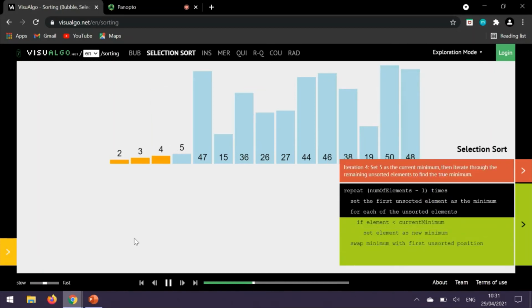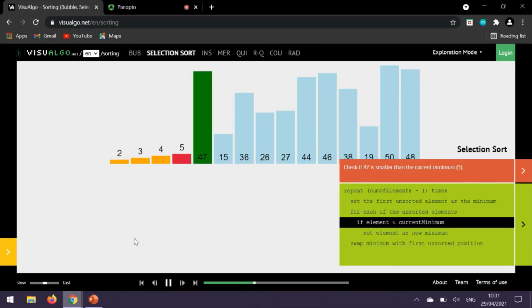So it's similar to the bubble sort in that it swaps values in the same data structure, but it doesn't swap two next to each other. It swaps whatever is at the beginning.